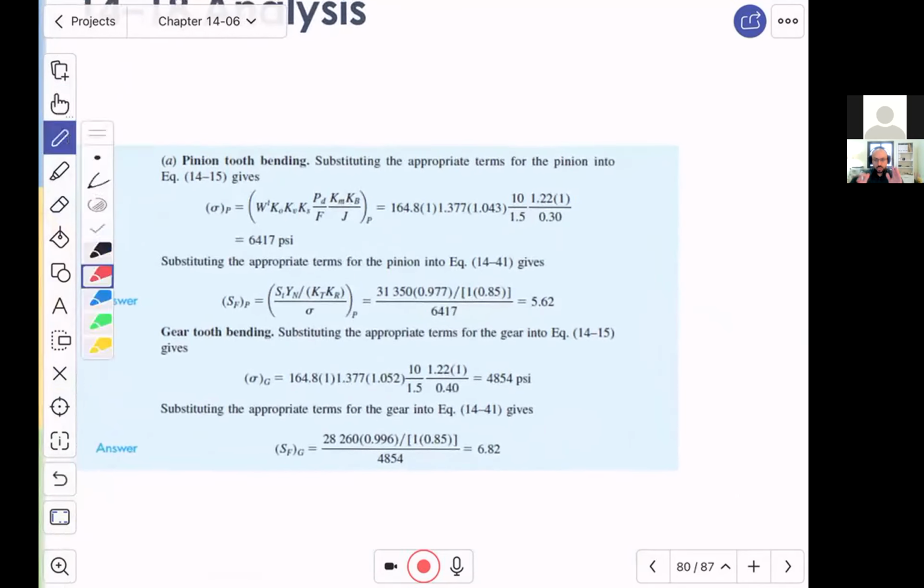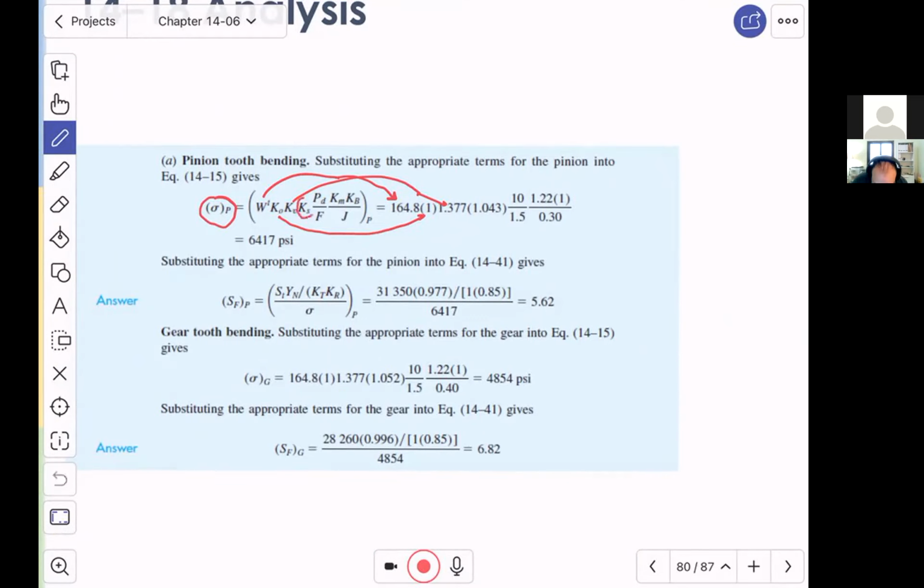Now I want to show you sigma for the pinion, the bending stress for the pinion. What is it? It equals WT. WT is here. Then we have K0, which is 1, and KV, which we calculated as 1.377. Later we have KS.